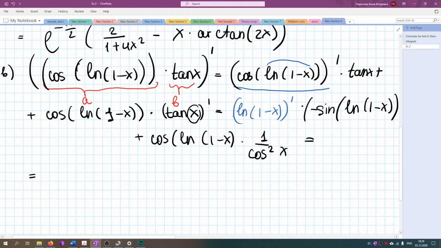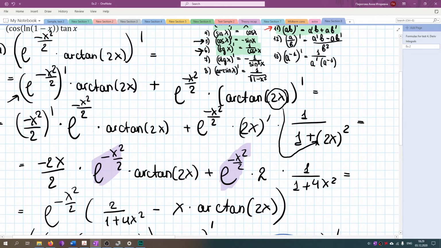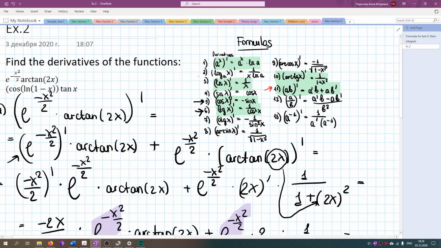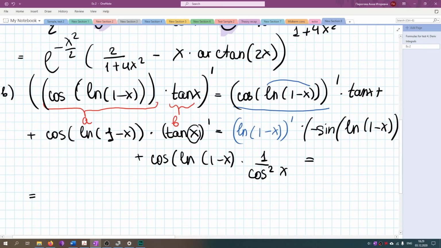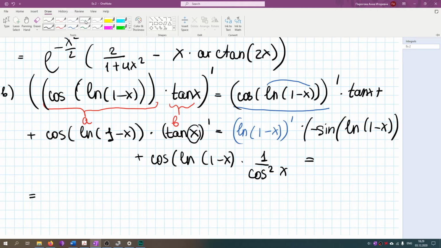Firstly, we will need to find the derivative of this function, natural logarithm. It says that we need to take the argument of this function and take 1 divided by this argument. In our case, again, our argument is not simple.